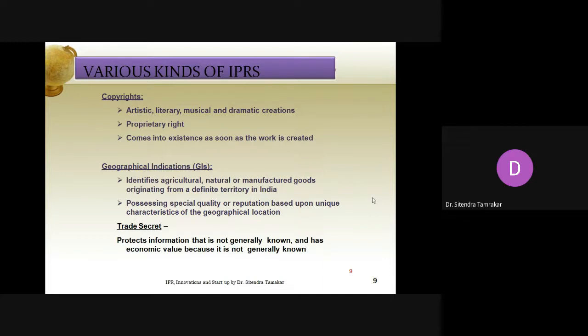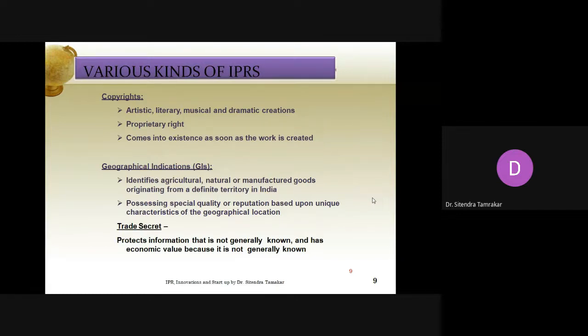They all come from specific regions, and they are identified by their regions. Like the pedas of Mathura are very tasty, or the Rasgulla of Kolkata is very tasty, or the chappals of Kolhapur are of very good quality.